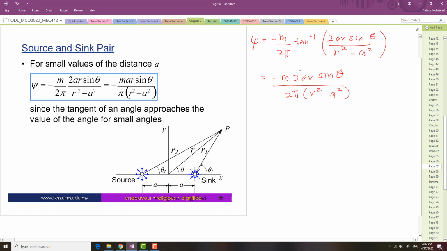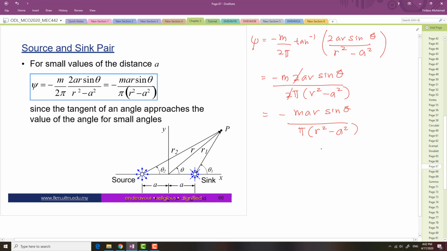Okay, so you can cancel out 2. It is equal to negative m a r sine theta over pi times r square minus a square.